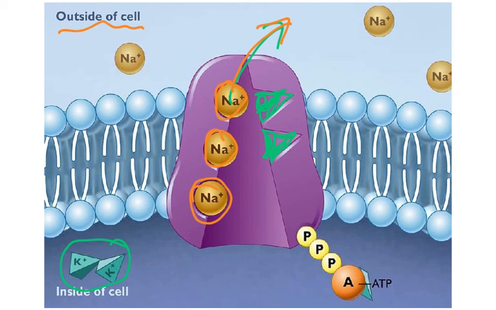This is the outside of the cell, and then the potassium are got hold of, and the potassium are then thrown inside, and you can see there is this ATP binding site to this channel protein. So 3 sodium out, 2 potassium in. That is what the sodium potassium pump is going to work at. And this is going to happen. We're going to be talking a lot about this as we start discussing the resting potential and the action potential as we go on further in the chapter.